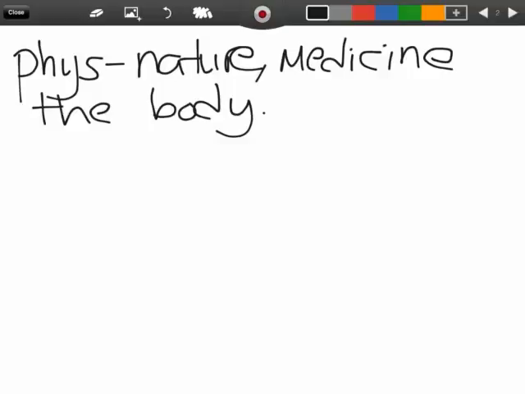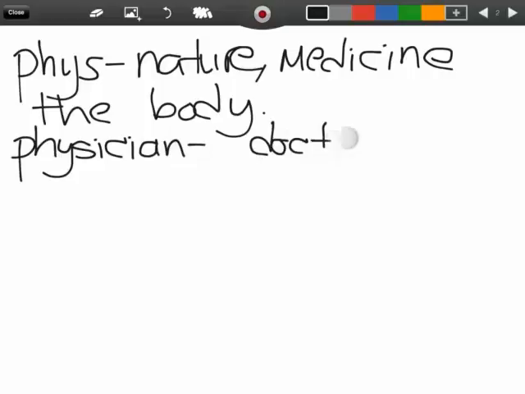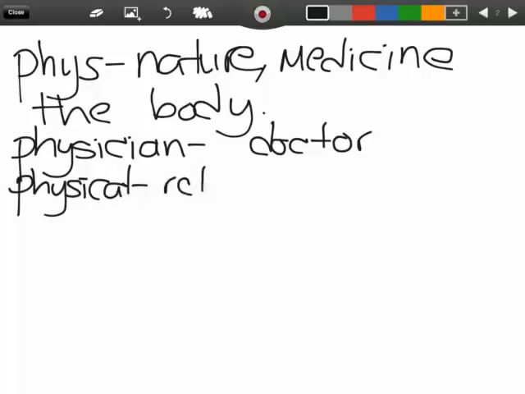One of them is physician, meaning doctor. And my second word is going to be physical, and the meaning of that is relating to the body.